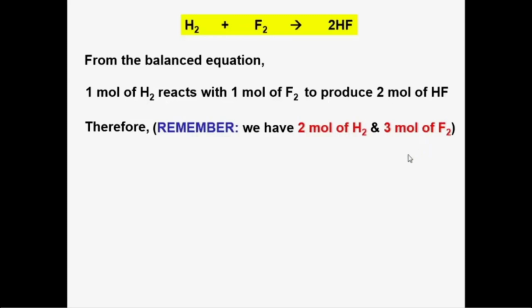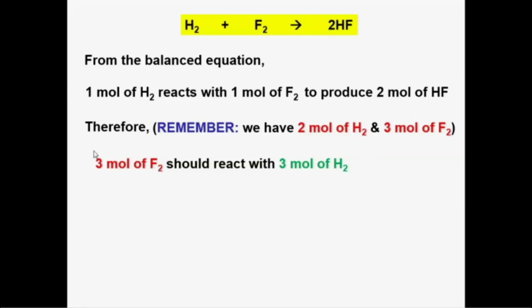Let's say we have 3 moles of fluorine. So 3 moles of fluorine should react with 3 moles of hydrogen, because the ratio of hydrogen to fluorine in the balanced equation is 1:1.